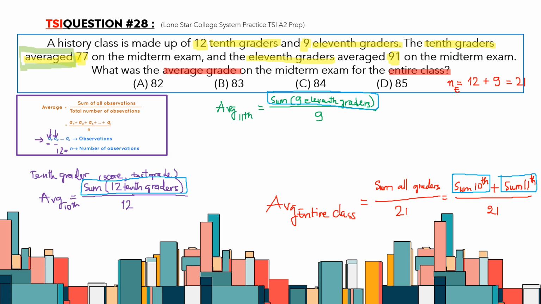Now go back to the question. The average of the 10th graders is given as 77. So we write down 77 equals the sum of the 10th graders over 12.